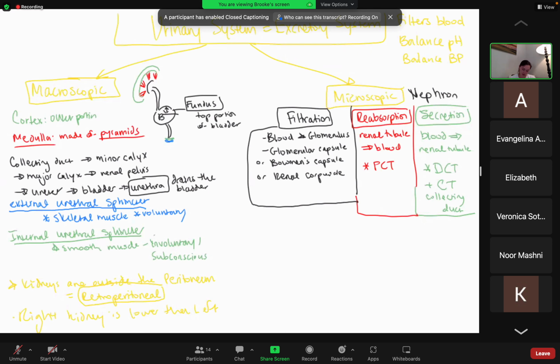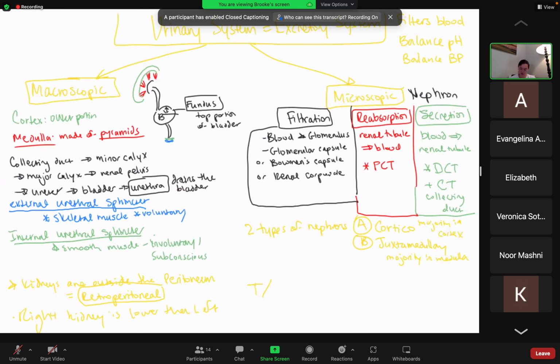I already told you that there are 2 types of nephrons, right? We called them A and B in the little exercise we did. Cortico, juxtamedullary. Juxtamedullary is majority in the medulla. And then this is majority in the cortex.